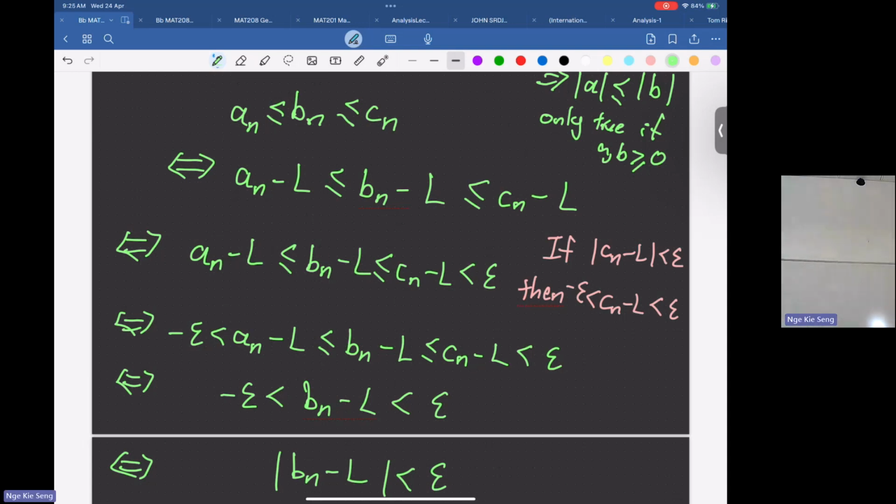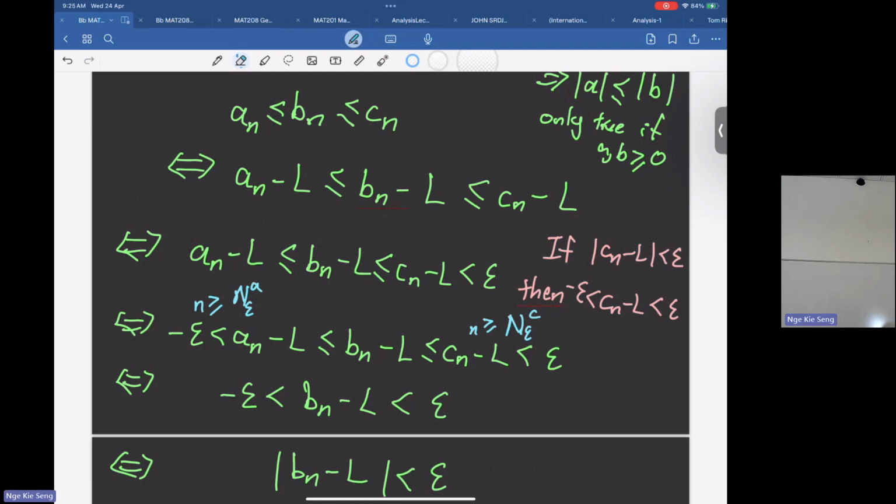When you bound Cn minus L and An minus L within the epsilon gap. So here is the place you need N. This step here we have N epsilon c, and this happens when n is greater or equal to N epsilon c. Here it happens when n is greater or equal to N epsilon a.